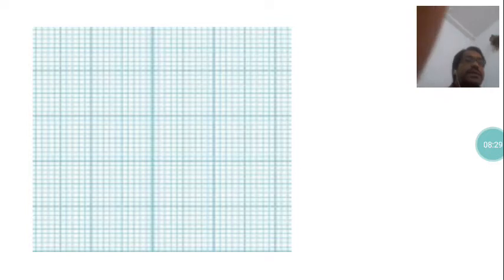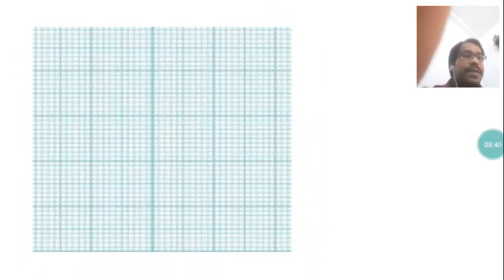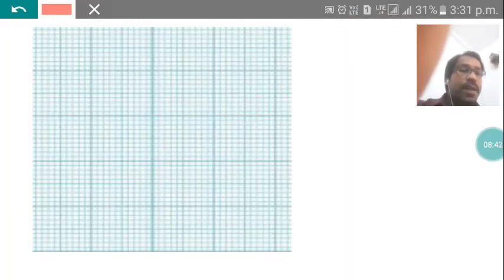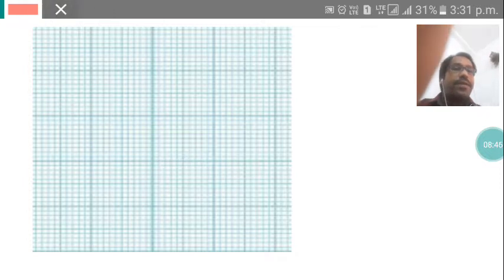Now this is called graph paper, and this we have to use. First of all, we'll draw the x and y axis.